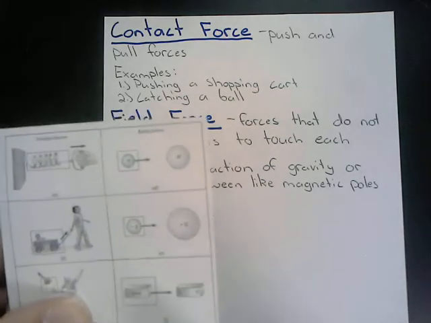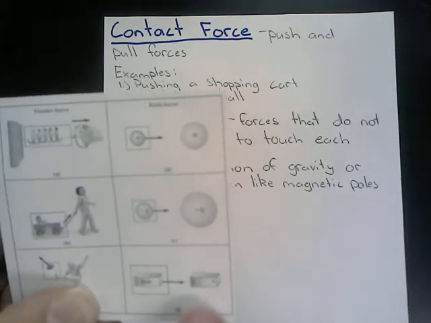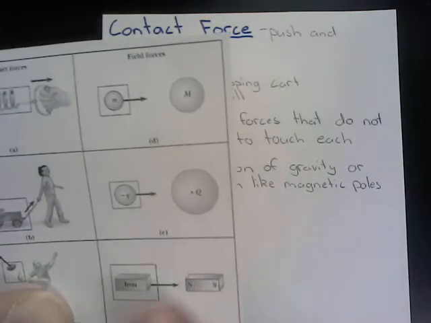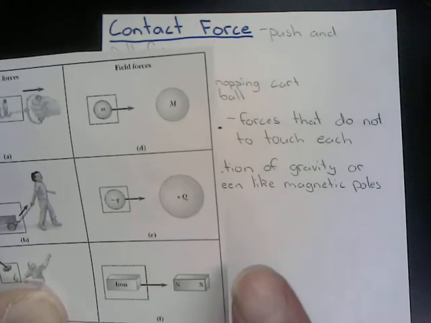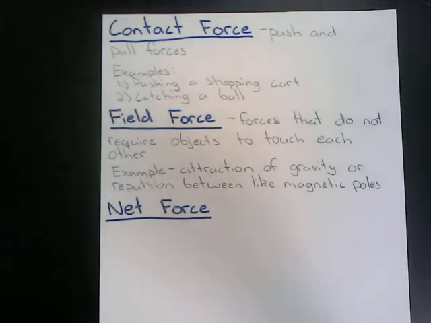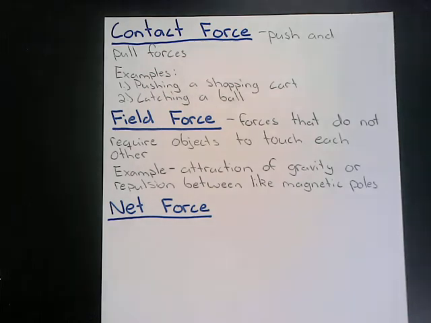in this bottom right-hand picture, you can see that the iron, which is magnetic, as it gets closer to one end of the magnet, you're going to start to feel that pull or push that comes from the magnetic fields. And again, that is something where you can feel it without those magnets touching.